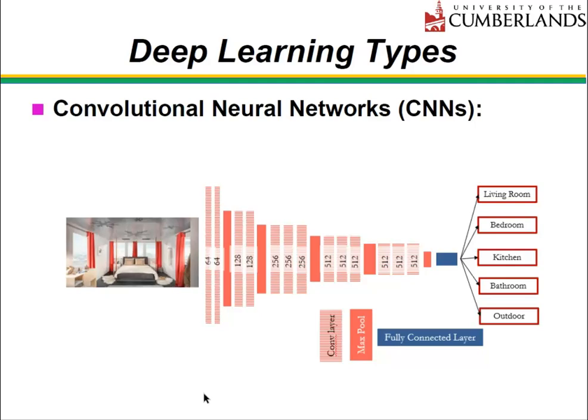And finally, we have a fully connected layer, which is in blue right there. The max pool layer right before it is this one. This is a fully connected layer, and it will classify the room, giving you probabilities that this is a living room or a bedroom or a kitchen and so on.